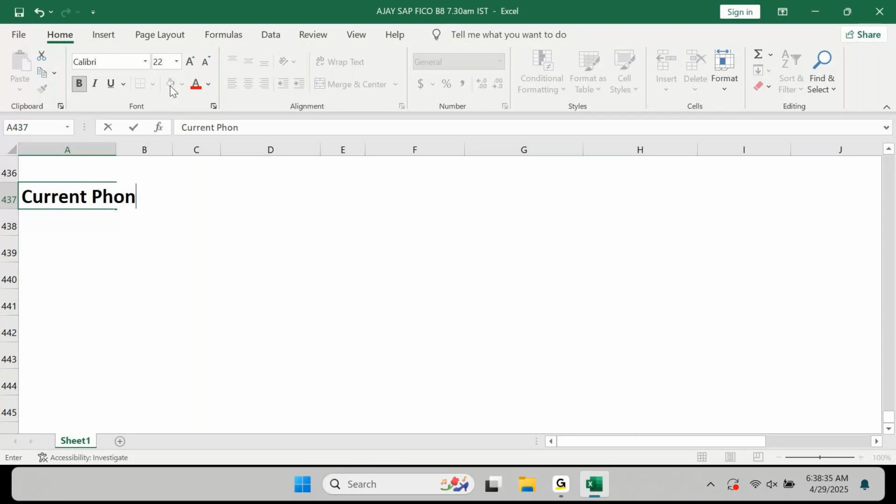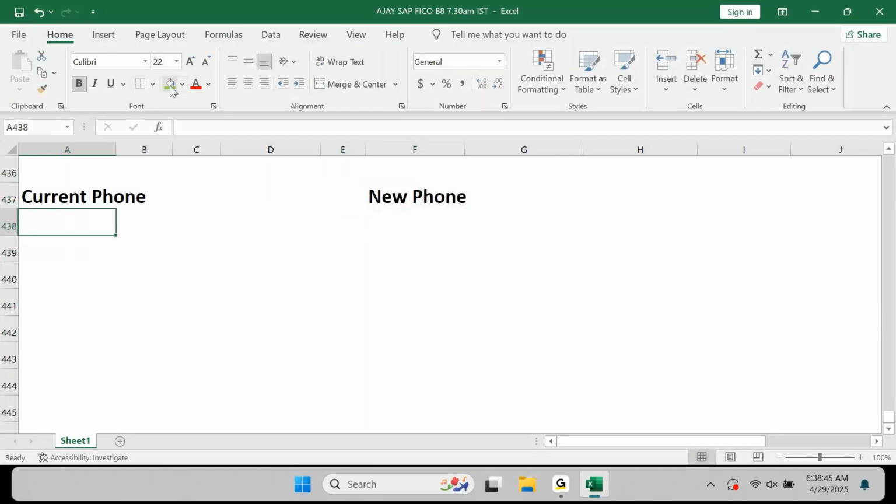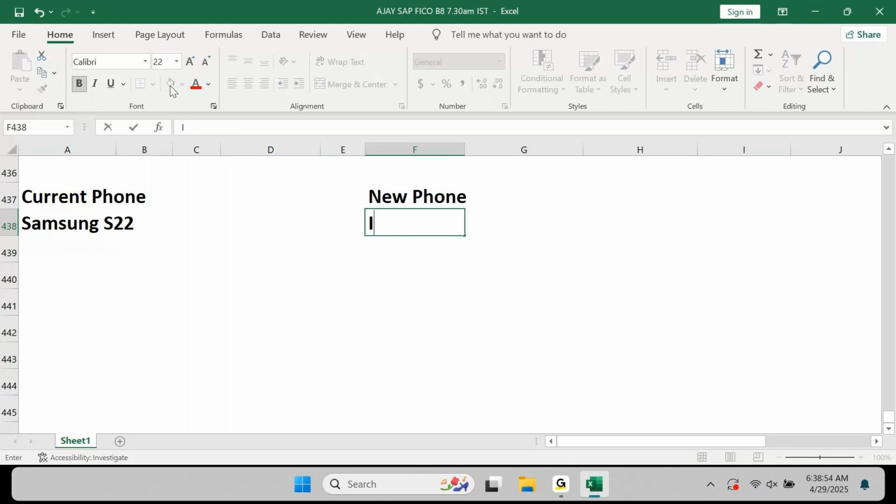Let's say I will tell current phone, then I'll say new phone. Let's say my current phone is like Samsung S22. My new mobile phone, let's say Apple iPhone 16.